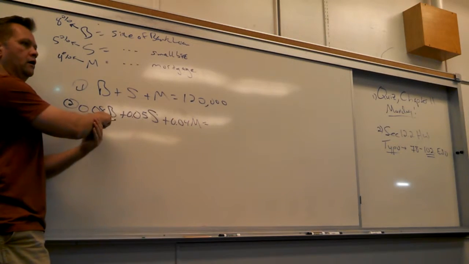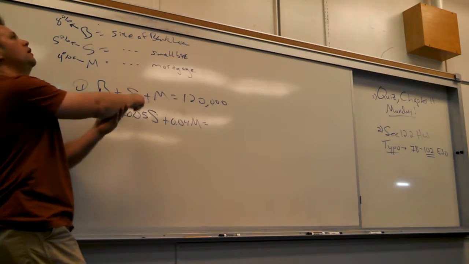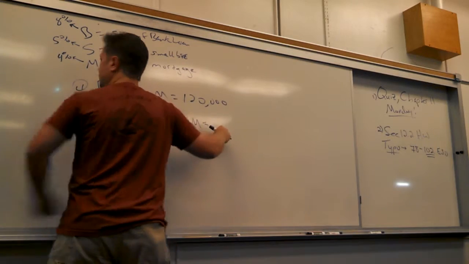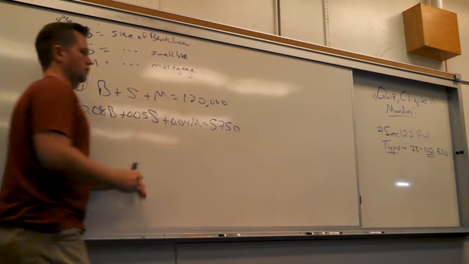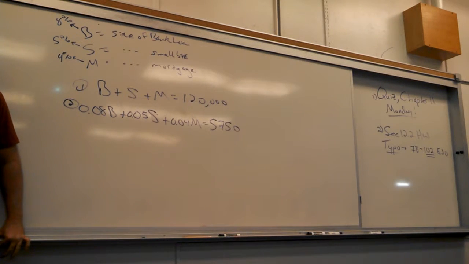So the interest from her bank loan plus the interest from her small business loan plus the interest from her mortgage equals the total interest per year. Whew. Most of the problems in this section, the first sentence is the first equation, the second sentence is the second equation, that kind of thing. That almost always happens like that.